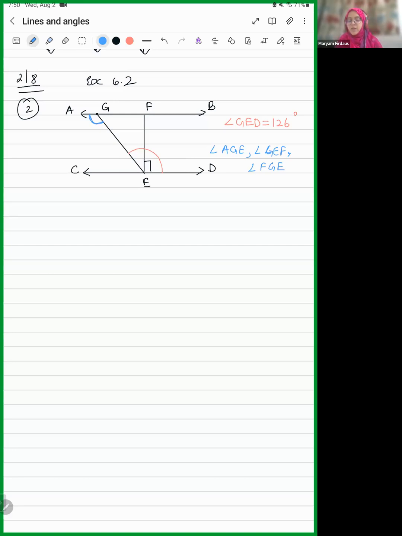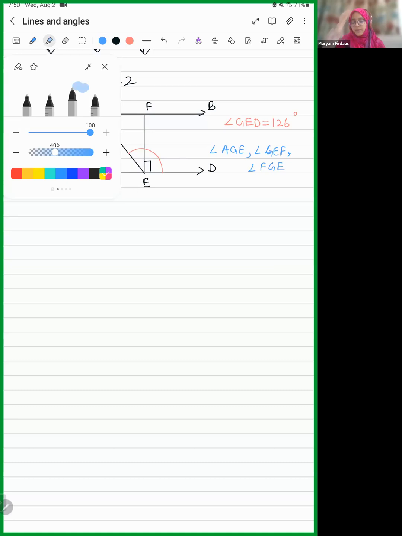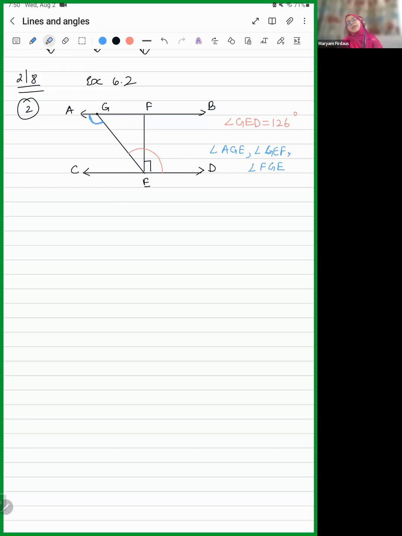Okay. So who will tell me how do we find this angle? Zen. How will we find angle AGE?